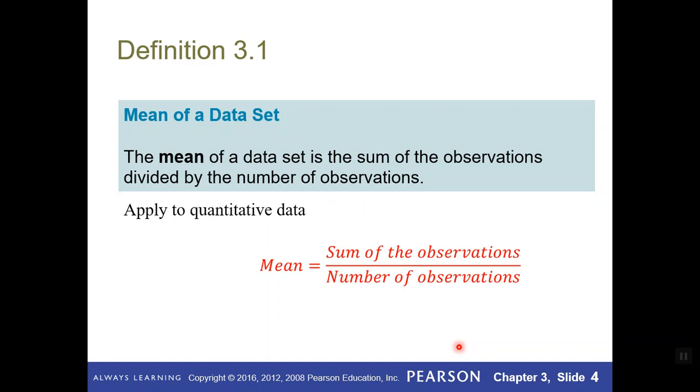Mean of the data set is the sum of the observations divided by the number of observations. So simply mean or average. We can use both terms. Mean or average is equal to the sum of all the observations divided by the number of observations.